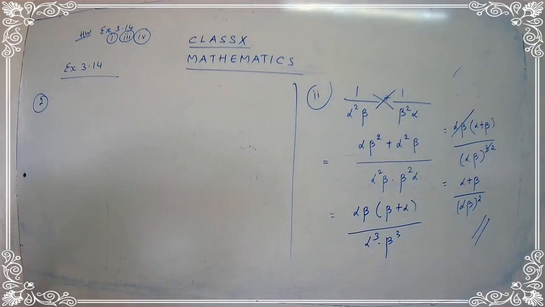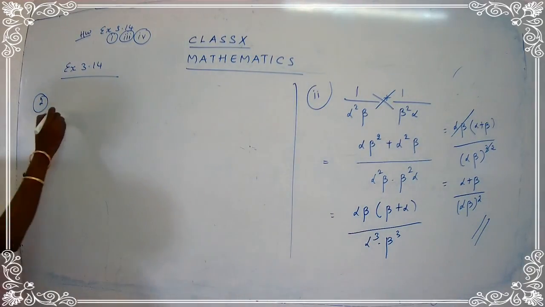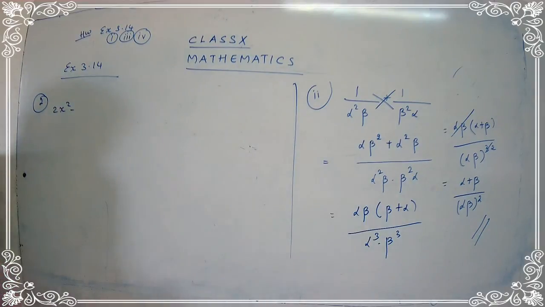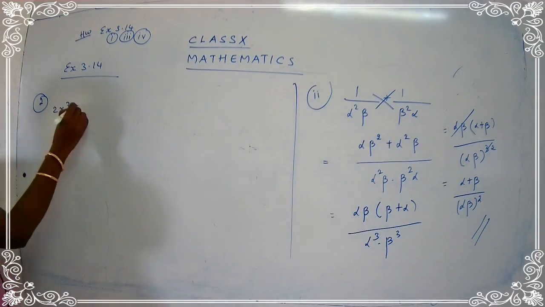Without solving the roots, find 1 upon alpha plus 1 upon beta. Okay, so we have to find out the answer. Let's do the work. Question number 2. So what is the equation given to you? 2x square minus 7x plus 5 is equal to 0.